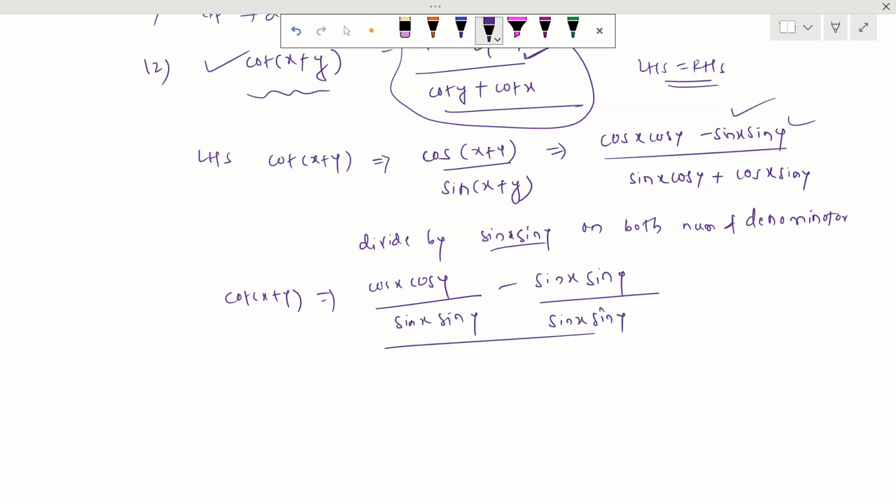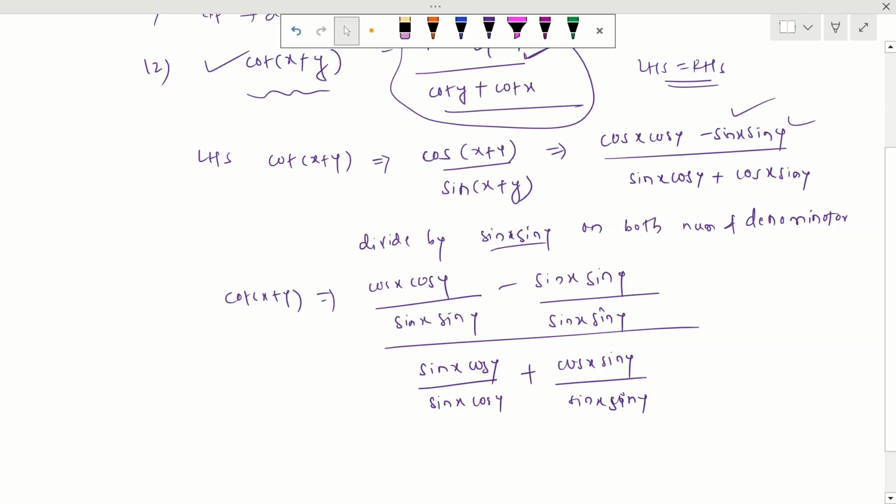And in the denominator, sin x cos y plus cos x sin y, each divided by sin x sin y. All four terms are divided by sin x sin y in the numerator and denominator.